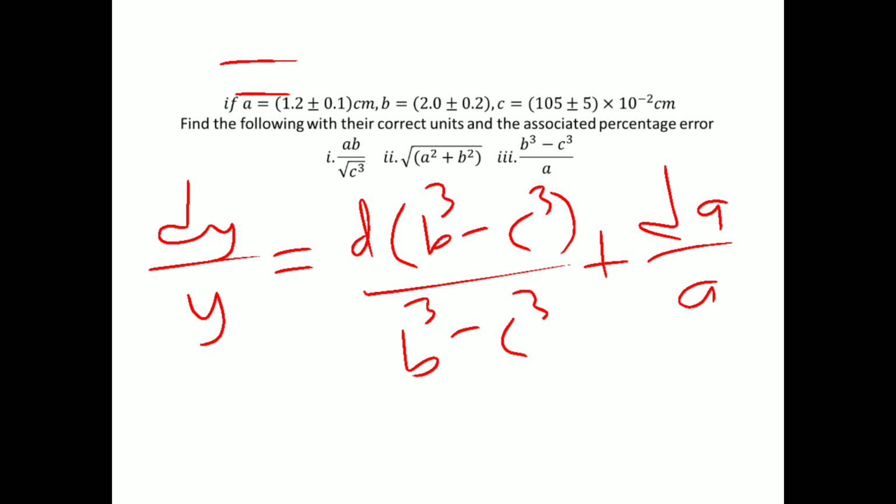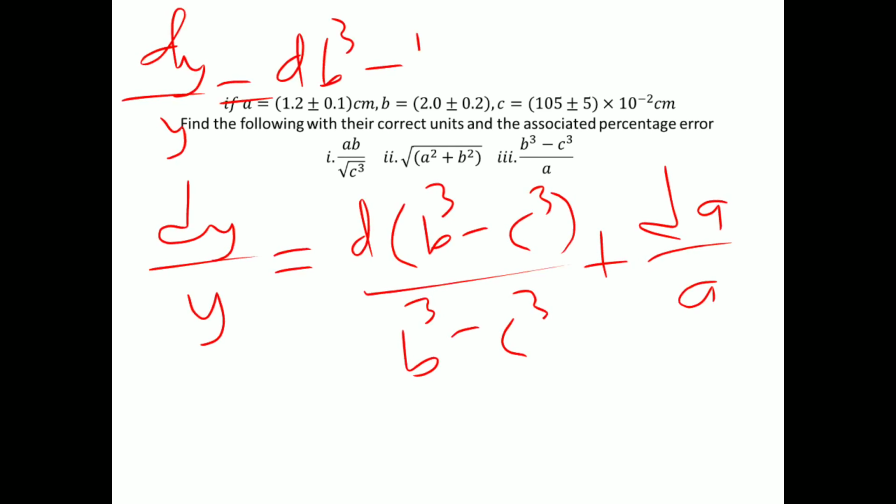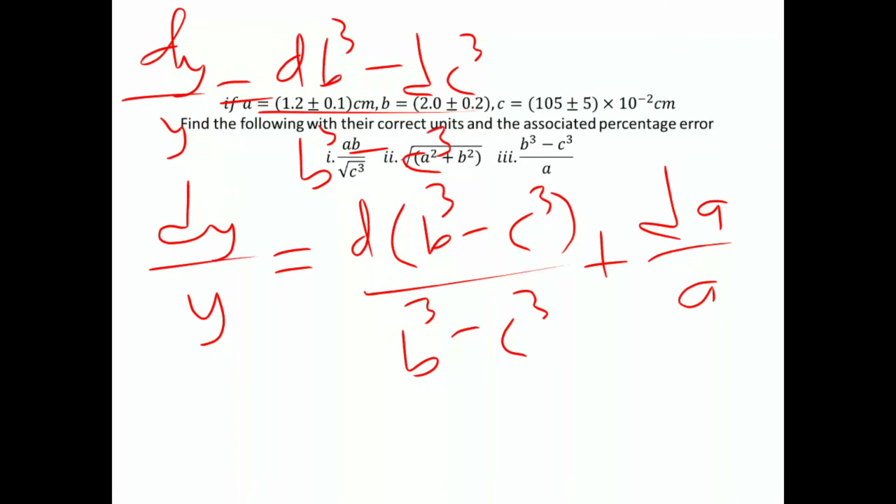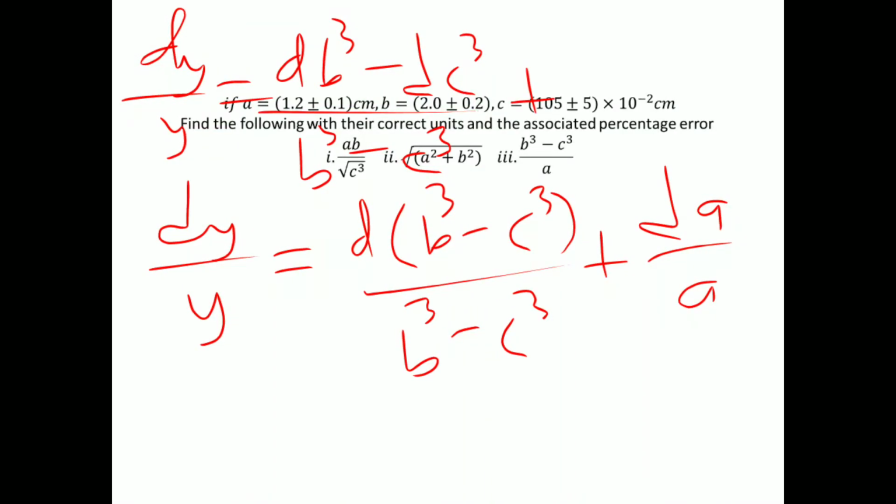So we can still write this as dy over y is equal to error in b cube minus error in c cube, all over b cube minus c cube, plus error in a over a.